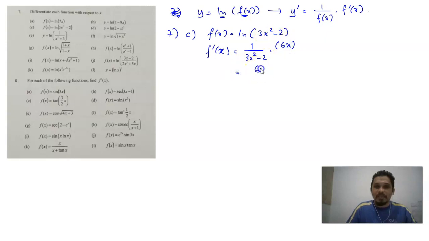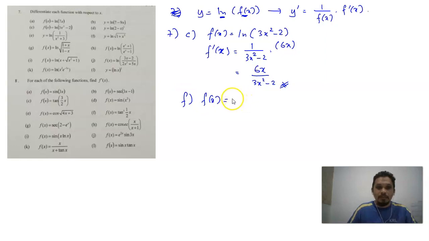So simplify this: 6x divided by 3x squared minus 2.